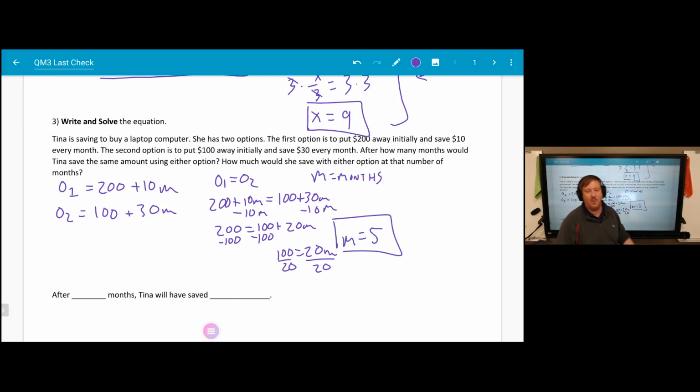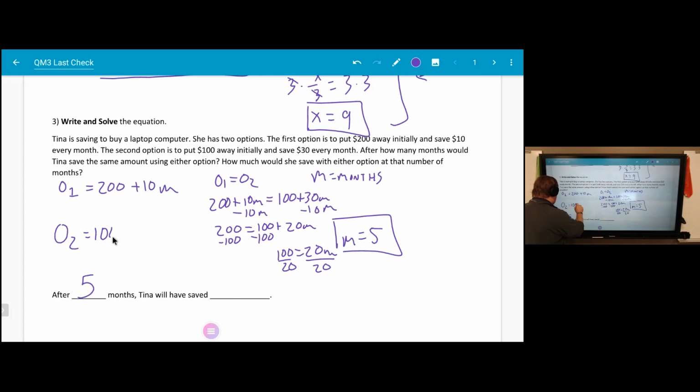5 what? Well, what was m? M was months. Okay. So after 5 months, Tina will have saved... well, how do I figure that out? Oh, hey, that's right. I have the options up here. So if I went with option 1, this would be 200 plus 10 times 5. 10 times 5 is 50.